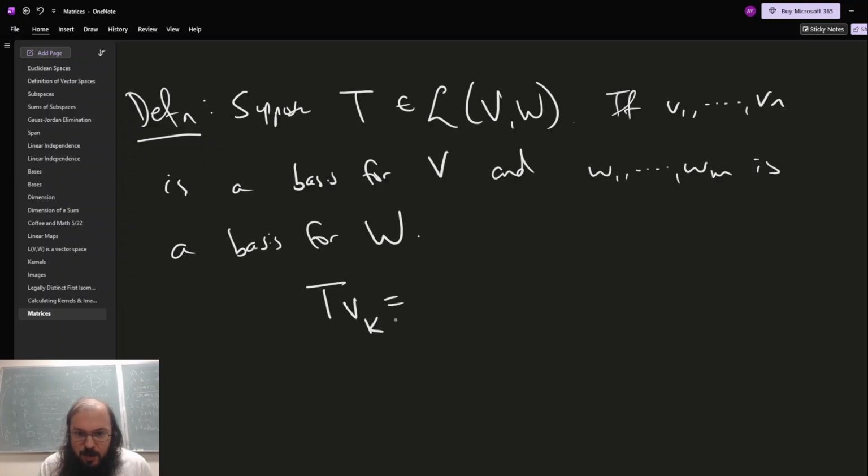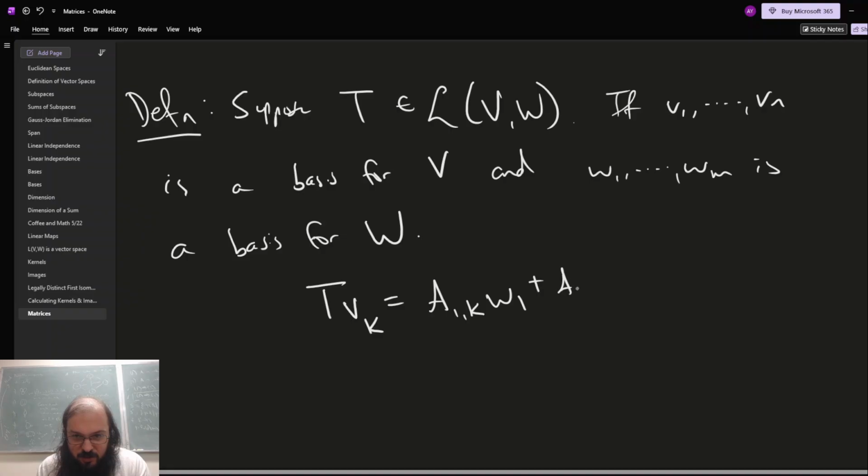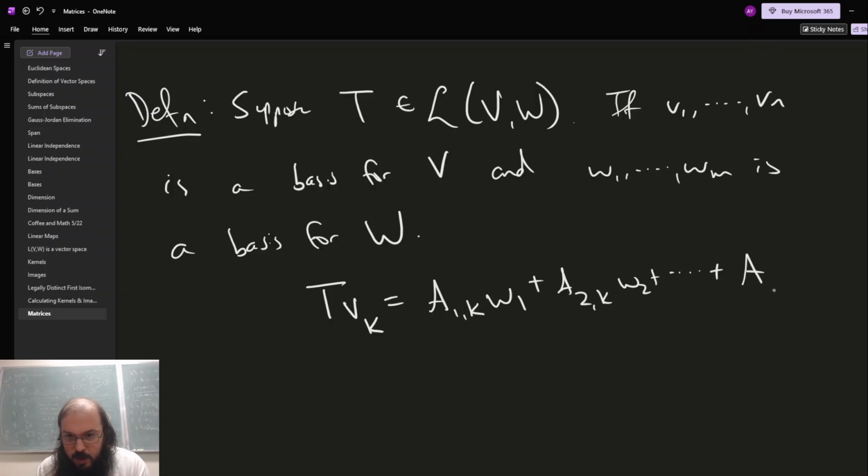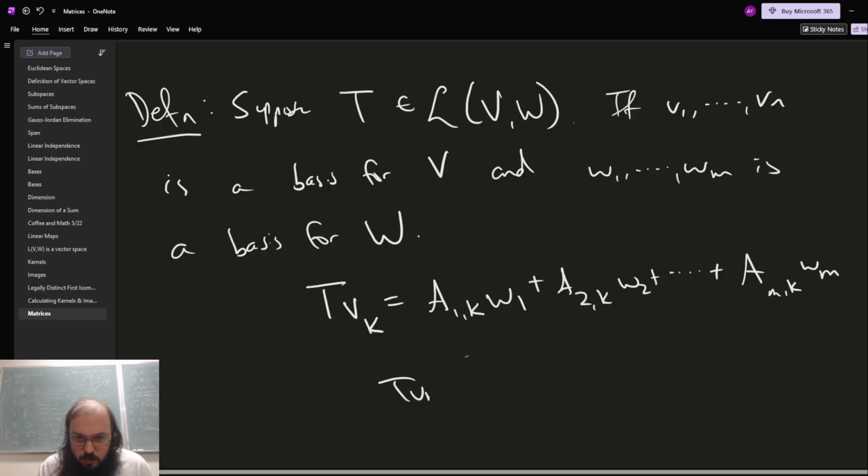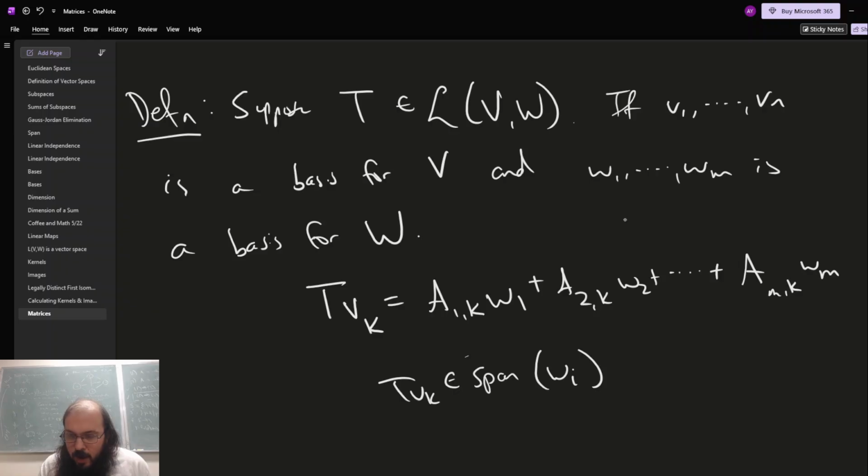And then every image vector will be written as some combination, A_1k w_1, I have to make sure I get the indexing right, A_2k w_2, and so on, or sorry, that should be an m there, A_mk w_m. Some linear combination of the w_i, because the w_i are also a basis.